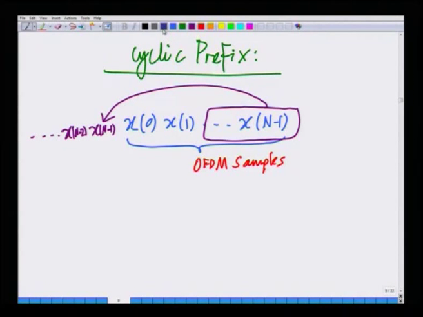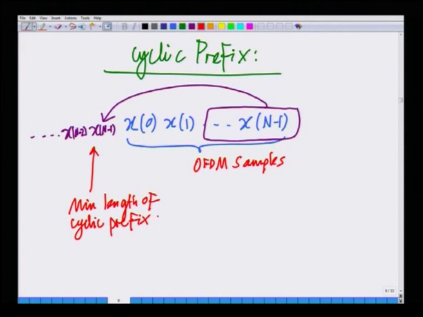So the minimum length of cyclic prefix required is related to the delay spread, to be precise it is L minus 1. In fact, the delay spread is L.